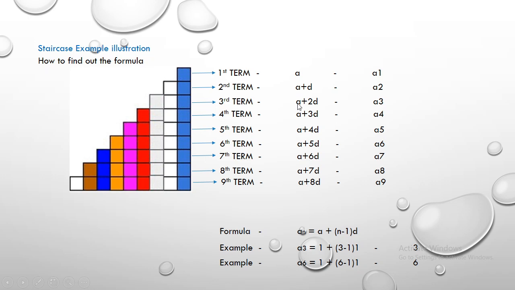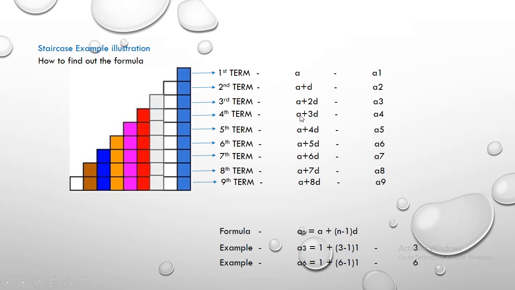A is the first term, D is the difference between the second term and the first term, and one more D is between the second and third. That we denote as 2D. So in the fourth term, again one more common difference will be added.